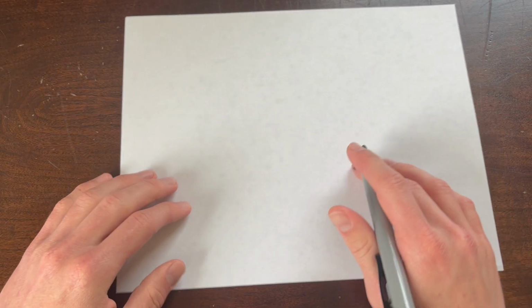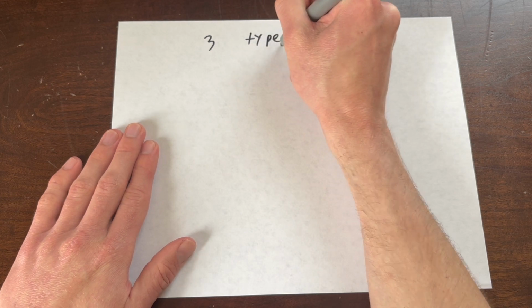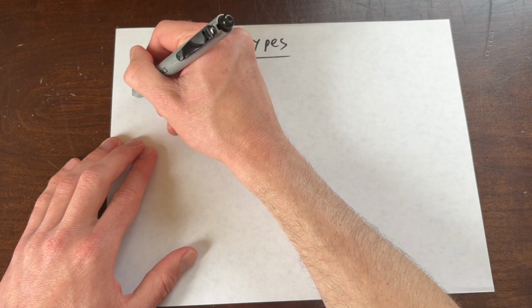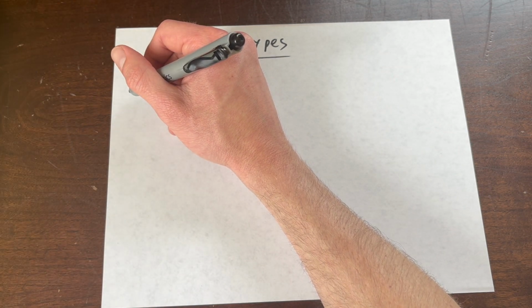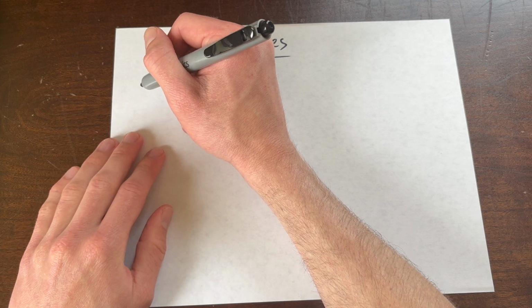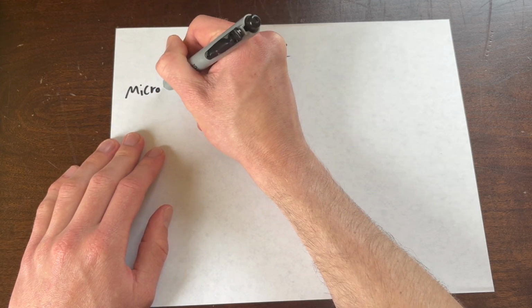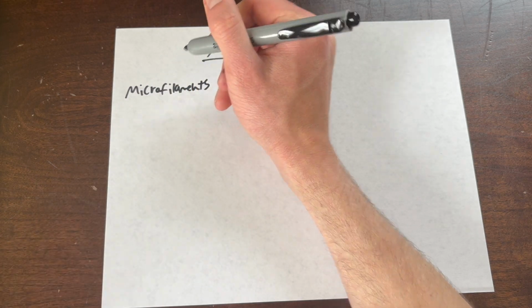There's 3 main types that you'll need to know for the MCAT. Number 1 is the microfilaments.